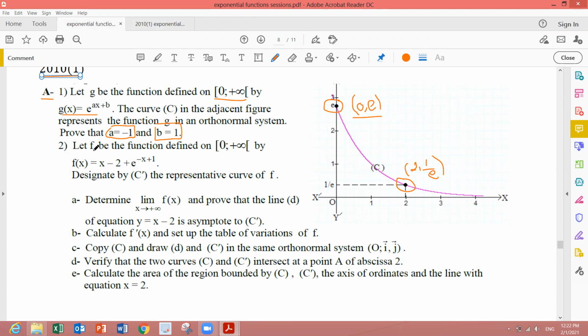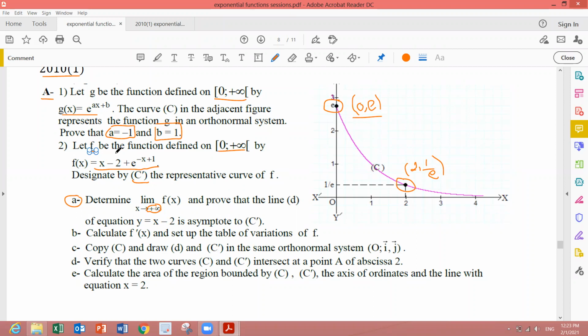Now let f be a function defined on 0 plus infinity by f of x equals x minus 2 plus e to the power minus x plus 1, denoted by C prime its representative curve. Part A. Calculate the limit as x tends to plus infinity of f of x.